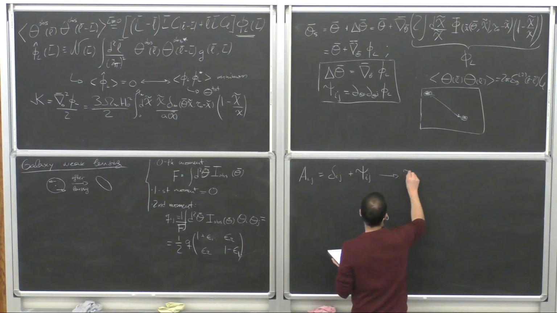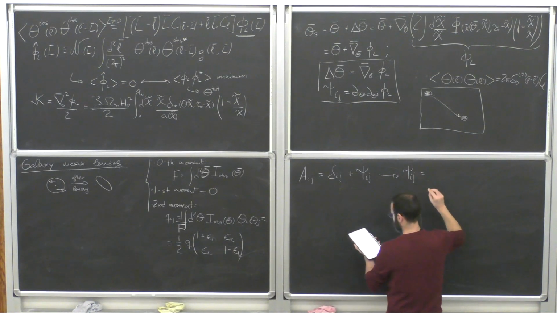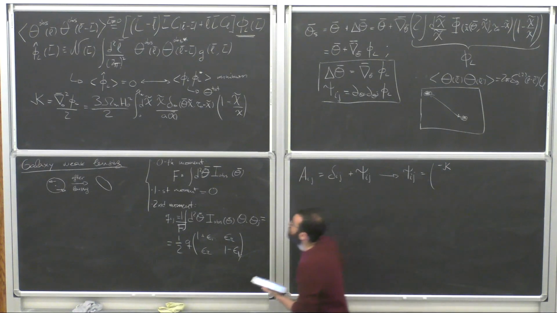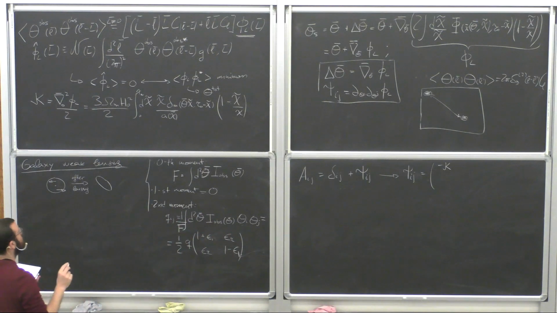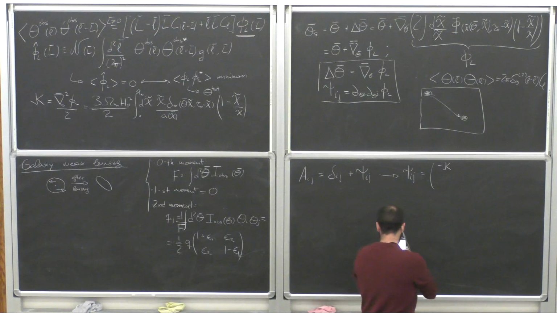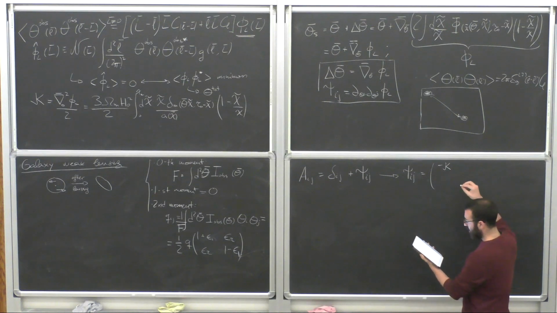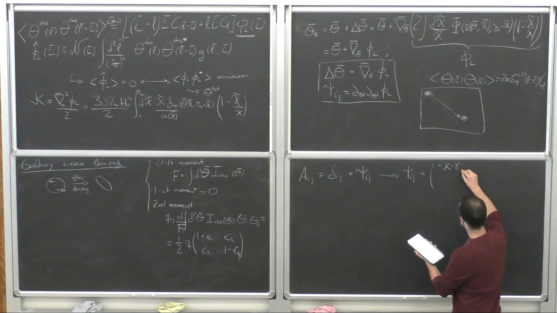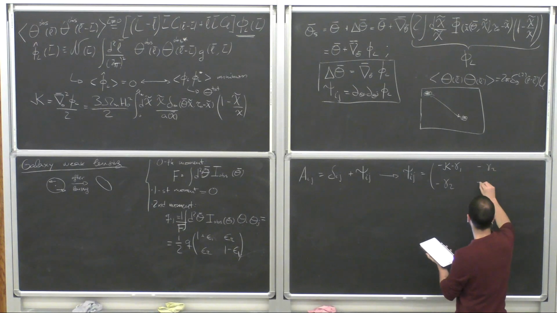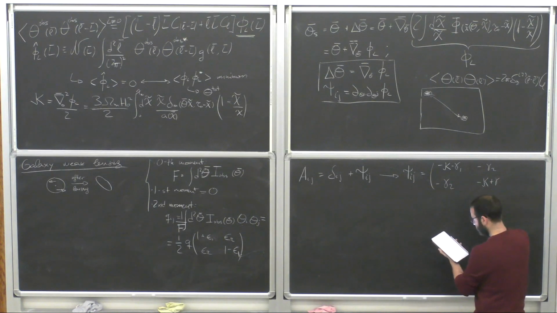And let me define now the distortion tensor as minus kappa minus gamma 1, minus gamma 2, minus gamma 2, and minus kappa plus gamma 1.